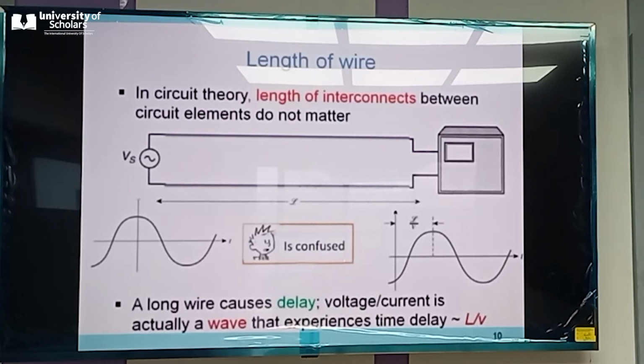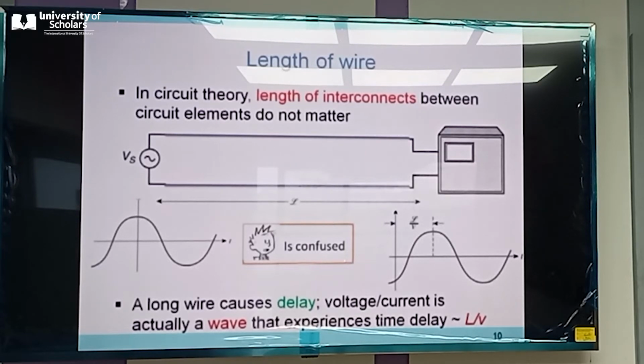Finally, we come to the length of the wire. In circuit theory, the length of the wire or interconnect between two gates, the source and the load, or two circuit elements, does not really matter. It could be any length, but what we assume is that the voltage at one end of the wire or interconnect is exactly the same at the other end.